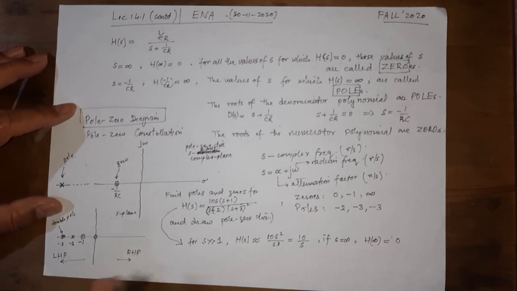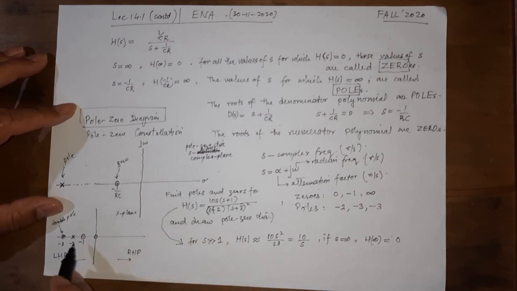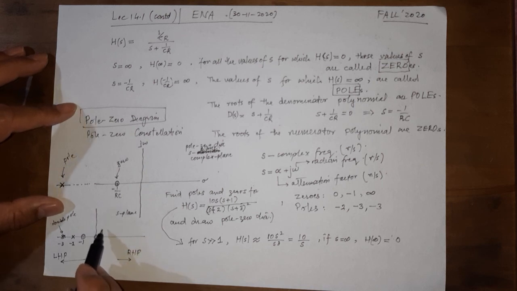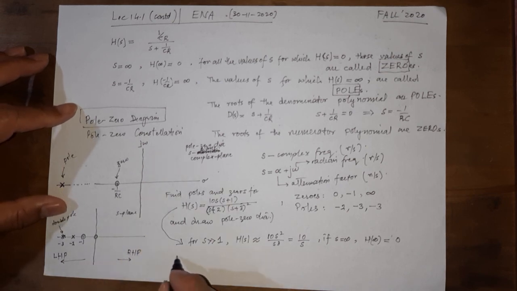Most of the time we are going to encounter the poles of a practical real system to be in the left hand plane. Sometimes the poles can be at the origin, but they usually never go in the right hand plane. This is very important. If we have a pole in the right hand plane, then that system may not be a stable system. We are going to discuss a little bit about stability later on.